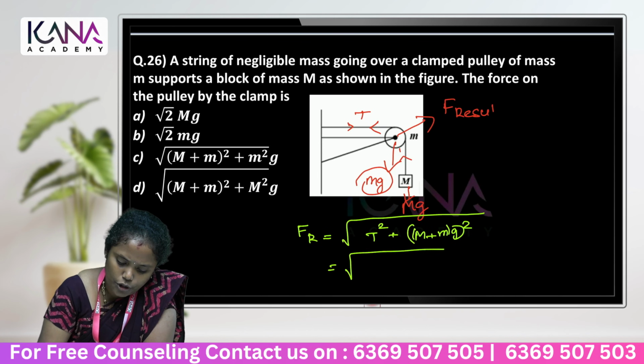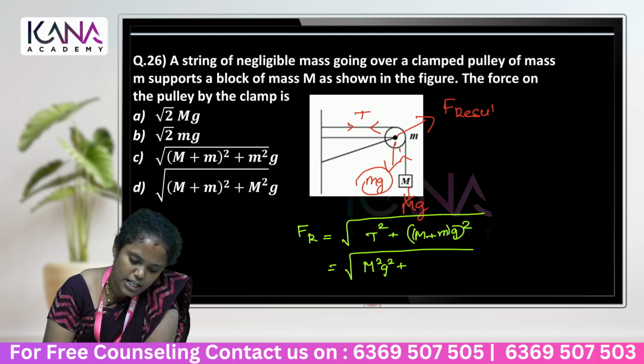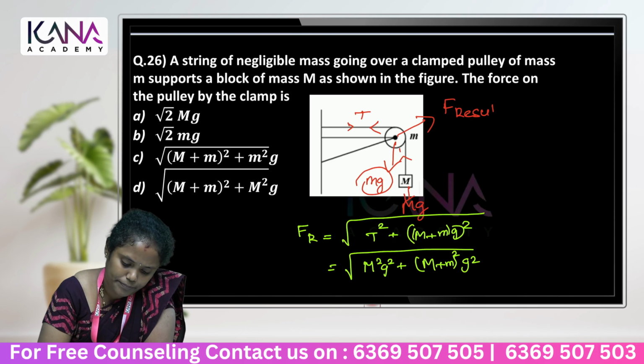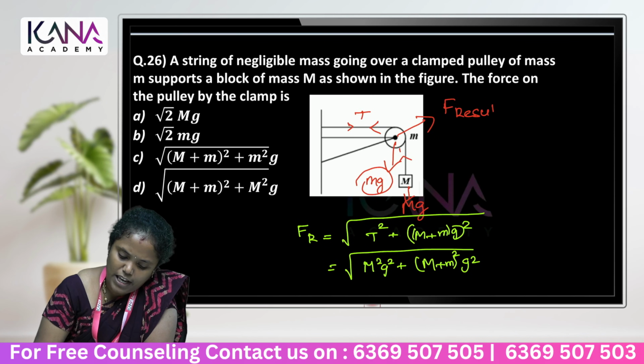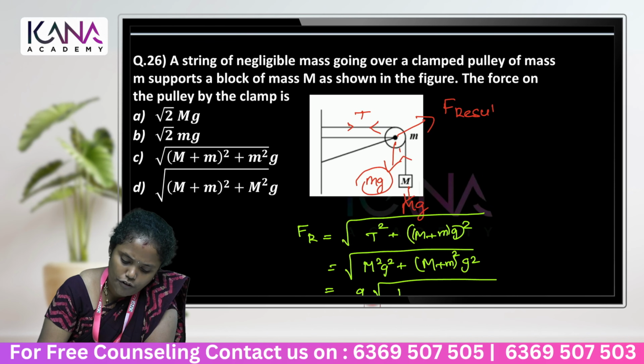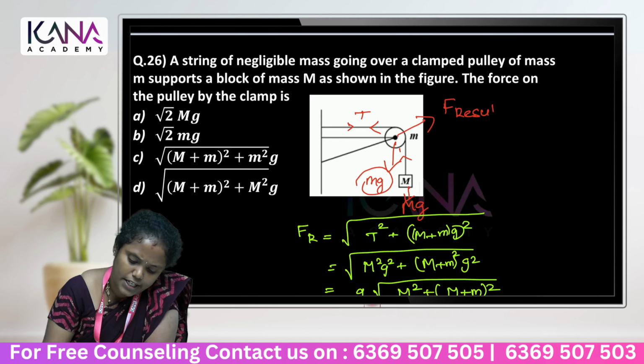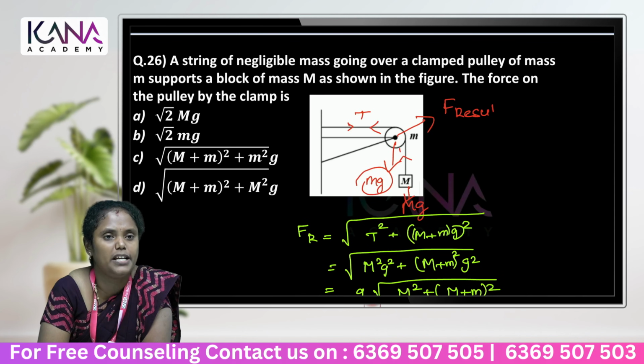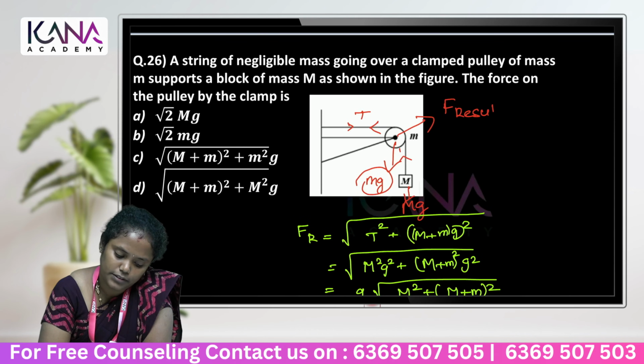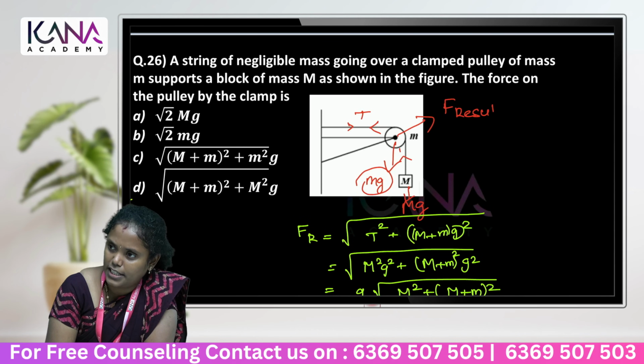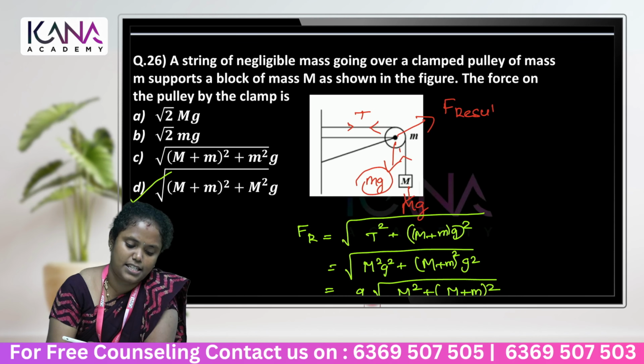So it is square root of M square g square plus, நமக்கு ஆப்ஷன்ல M plus m இருக்கு இல்லையா, (M plus m) square into g square. As we have g square which is common, g into square root of M square plus (M plus m) whole square. So our answer should be option D.